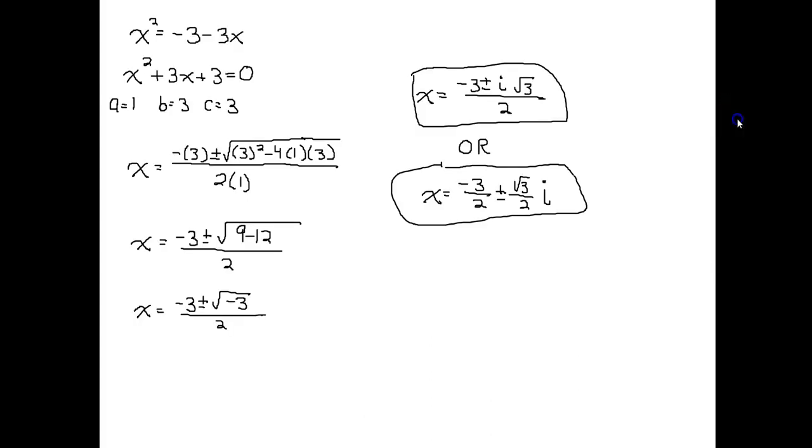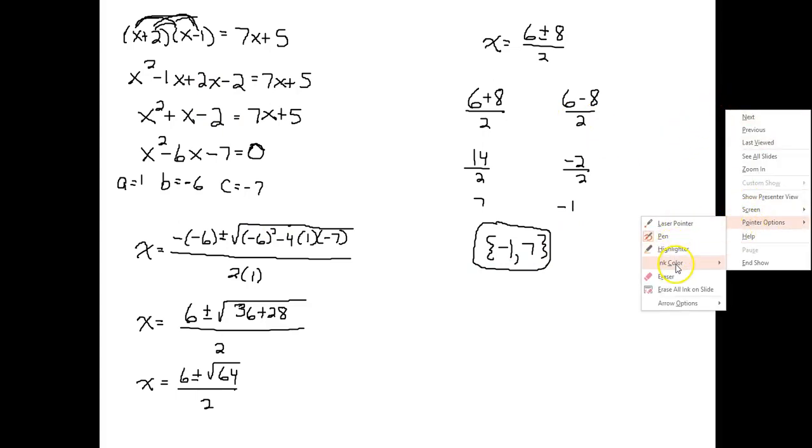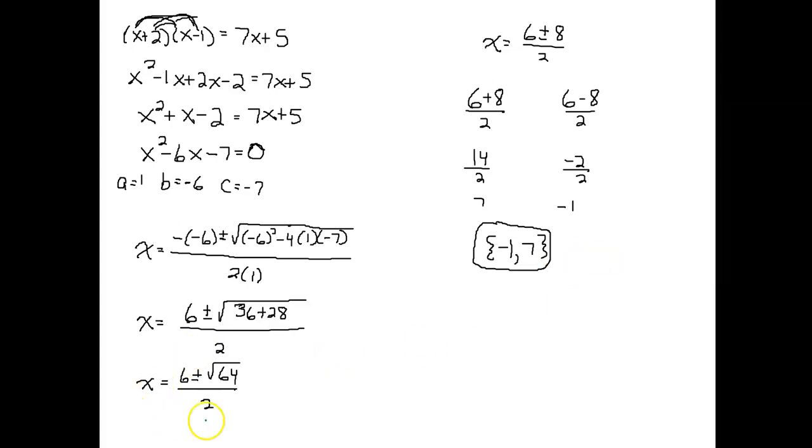Let's go back here. Let's first look at this one. Change my ink color. My discriminant here was 64. Notice that 64 is positive, so then I ended up with two real solutions. I have my discriminant is greater than 0.